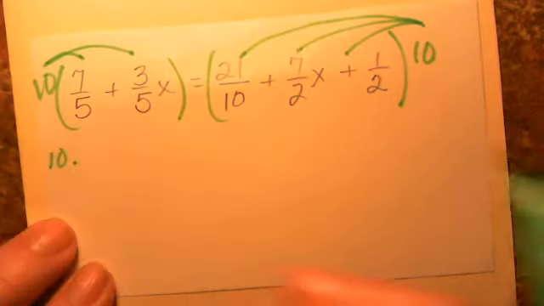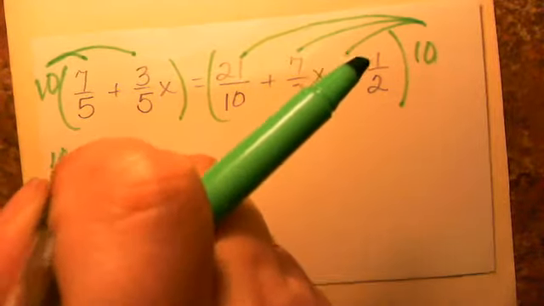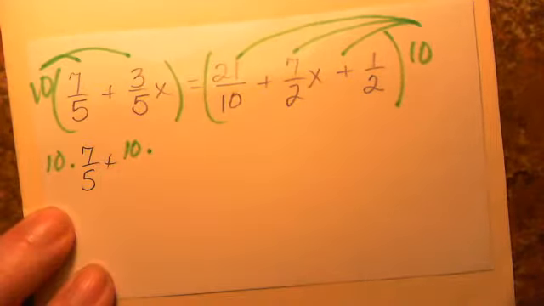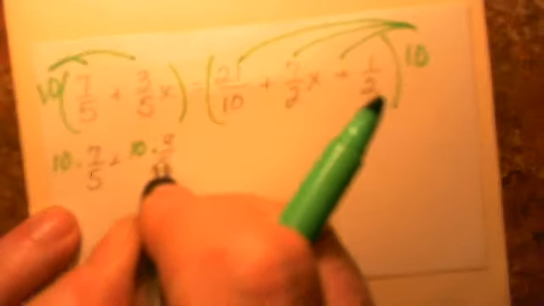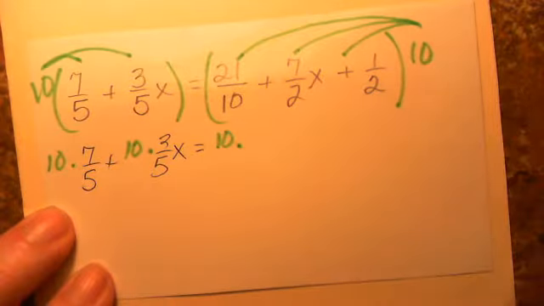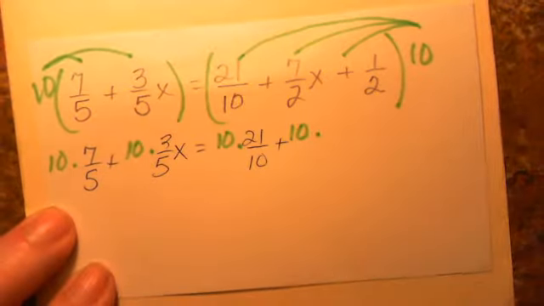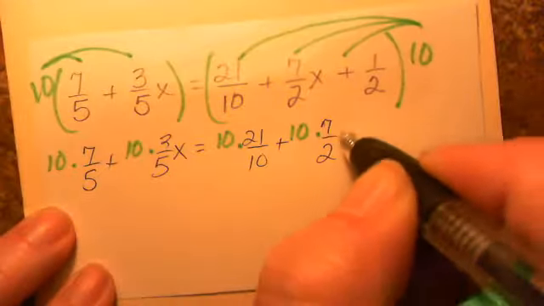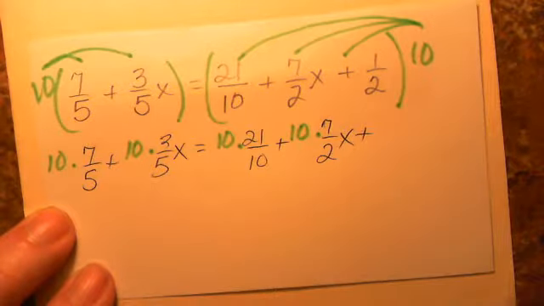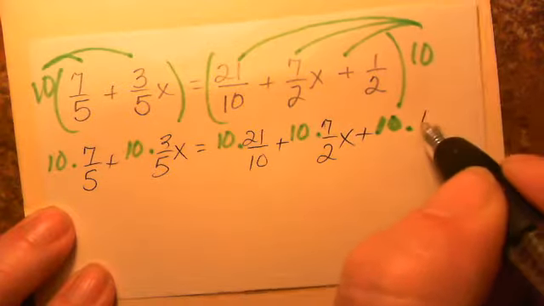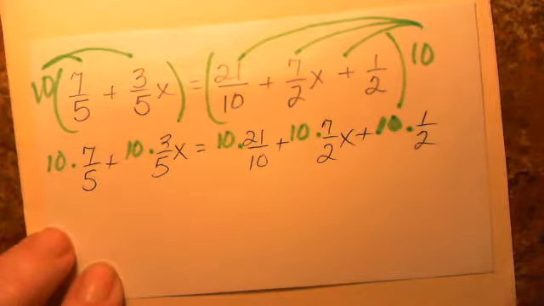So we're going to be using 10 a lot here as a multiplier. So first we have 10 times 7 over 5 plus 10 times 3/5 x is equal to 10 times 21 over 10 plus 10 times 7 over 2x plus 10 times 1 over 2.